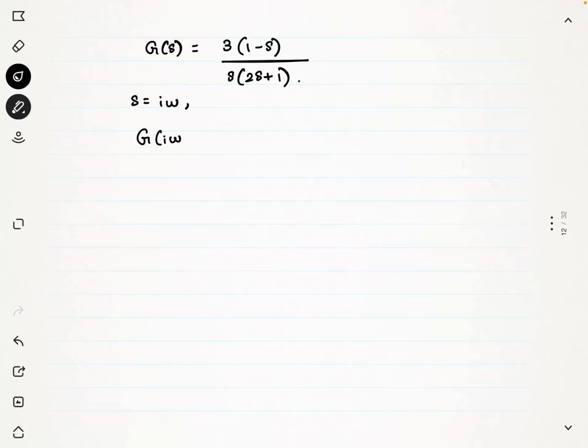So G of i omega into 1 minus i omega by i omega into 2i omega plus 1.